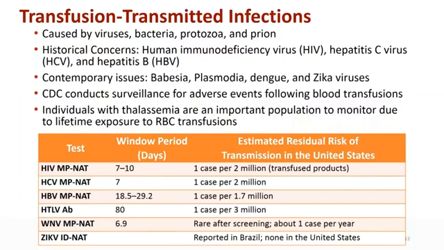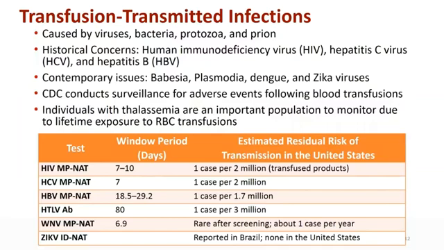You could see that with HIV, despite the techniques being used now, 1 per 2 million, for HCV, 1 to 2 million, with a window of 7 days, for HBV, 1 per 1.7 million, for HTLV, with a window extending out 80 days, about 1 per million.